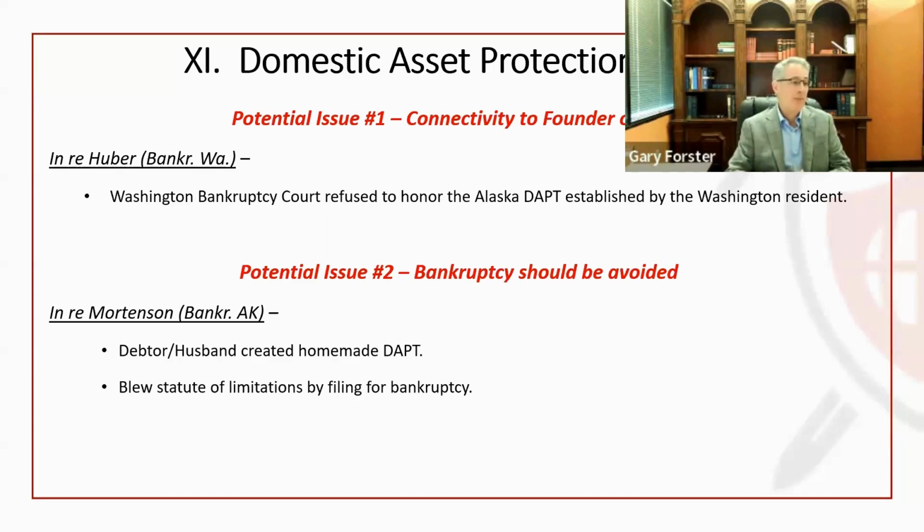The mountain man Mortensen, in case number 2 here, did something which kind of accentuates that bankruptcy issue. He had actually done his own Alaska asset protection trust. He did an okay job with it. He developed some creditors. He also had a divorce issue.